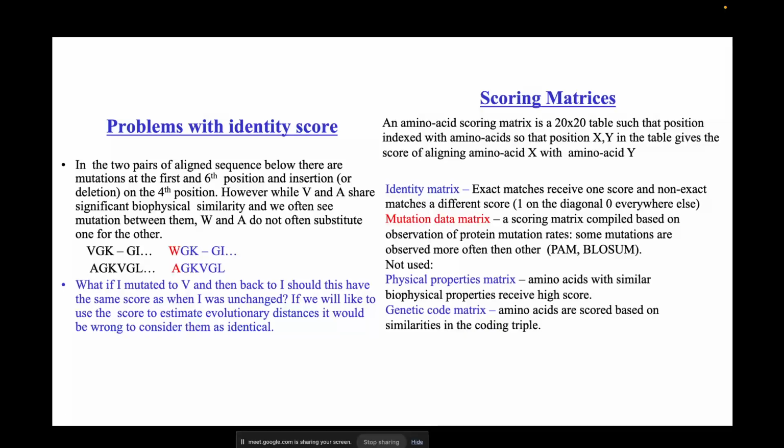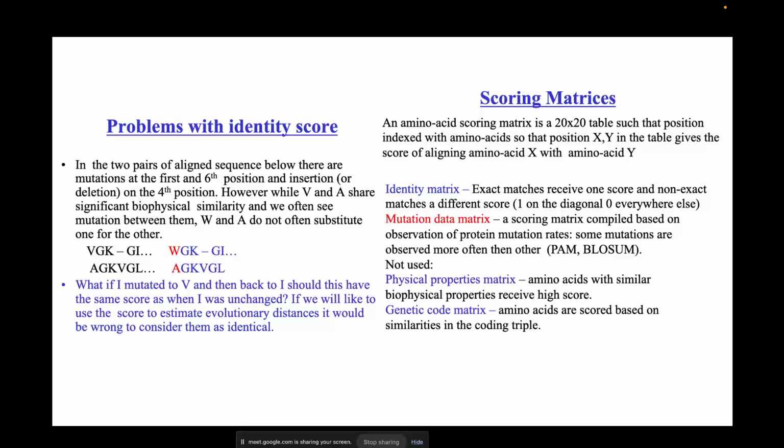In a protein structure, if you put a V instead of an A, the structure is not that dissimilar from the original structure, or the original function is not fully lost in the mutated protein, because those two amino acids are very similar in terms of biophysical properties, and we see substitutions between V and A very often. But on the other hand, if you have a W here, the mutation between W and A is very rare. We do not see this happening at all, and they are chemically and biophysically very different to each other.